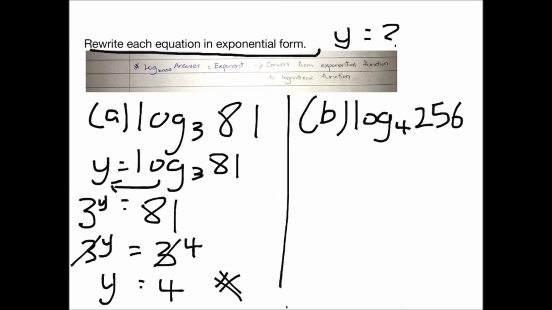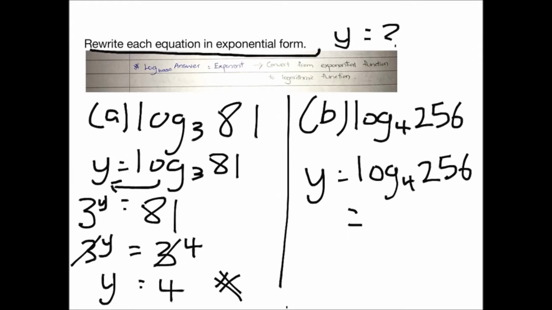So log, it's the same, you just put y. We write the question, log 4 256, and then after that you're gonna put log 4, and then the 256 you can simplify, you can make it smaller, which is equal to 4.